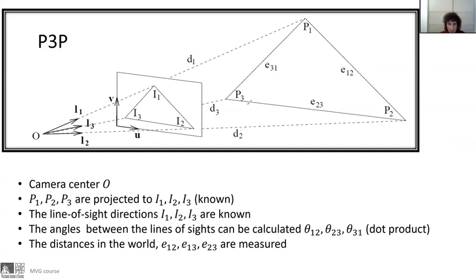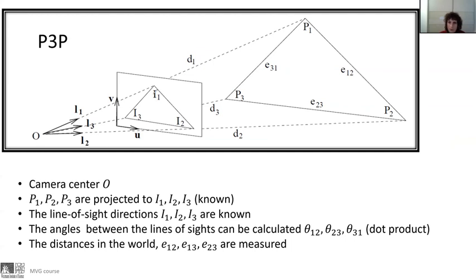Somebody used a laser scanner, I don't know, and I know how to measure the 3D coordinates of 3 points in the world. Also, I know to measure the distances between them. And I know that P1 is projected to I1, P2 is projected to I2, P3 is projected to I3. And I know the coordinates of I1, I2, and I3 in the image coordinate plane, okay?